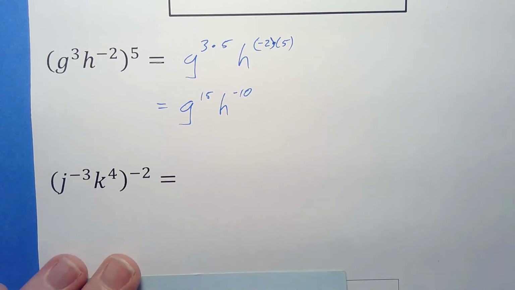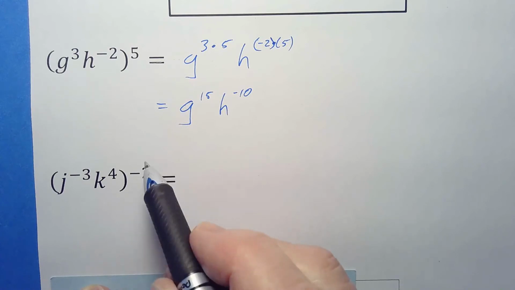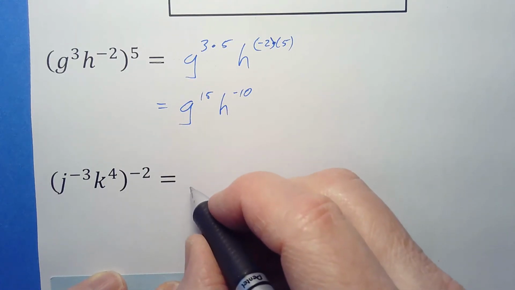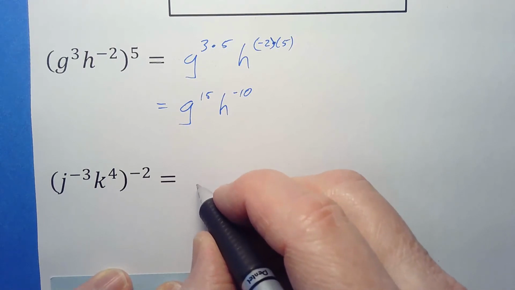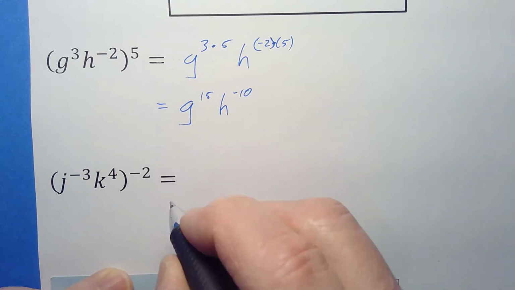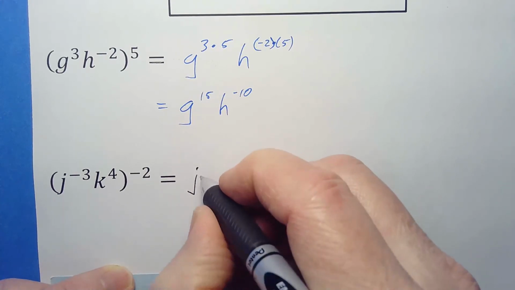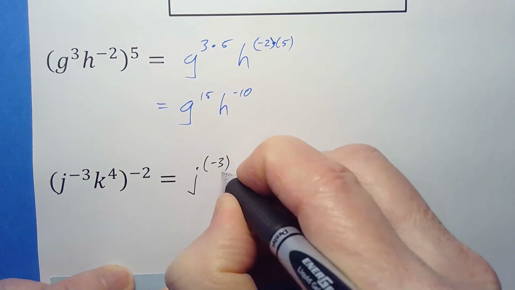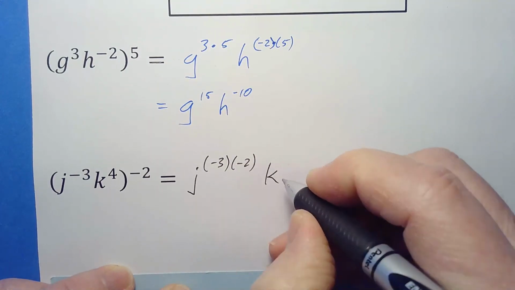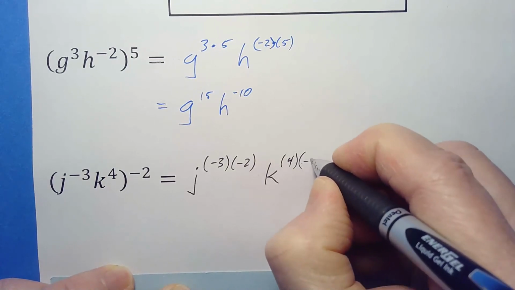Right here, where I've got j to the negative third, now this whole thing to a negative power. Now again, we got a bunch of negatives here, so we got to be really careful on this. And again, I strongly recommend you don't try to do all this stuff in your head. Do this on a piece of paper. Be neat about it. Make sure you're getting this right. So I end up with j to the negative 3 times negative 2, k to the power of 4 times negative 2.